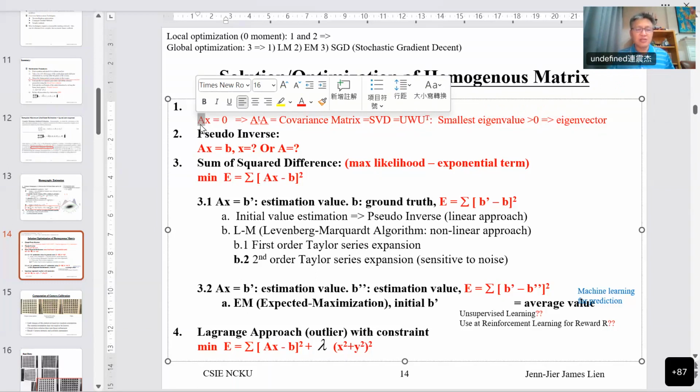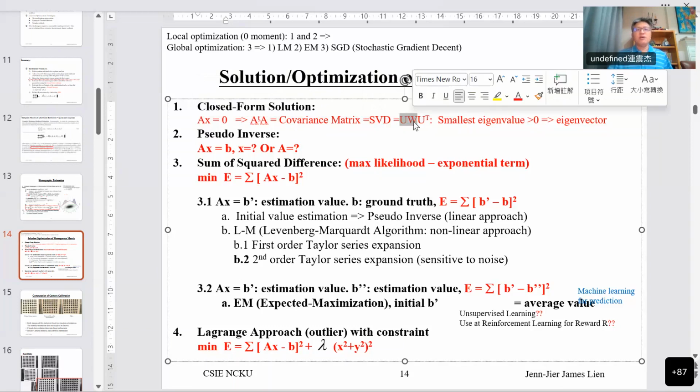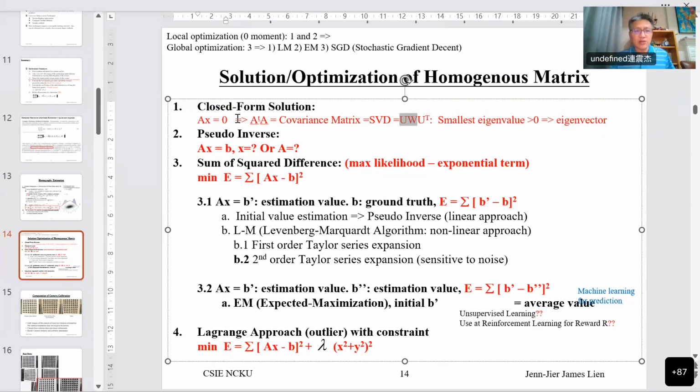So for our purpose, we try to let A be 0. We do A become UW, so we are trying to have one W value, an eigenvalue, become 0, and we'll get a 0 result. The eigenvector corresponding to this eigenvalue will be your answer. This is called the closed form solution.